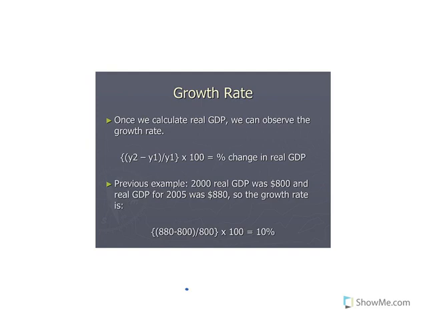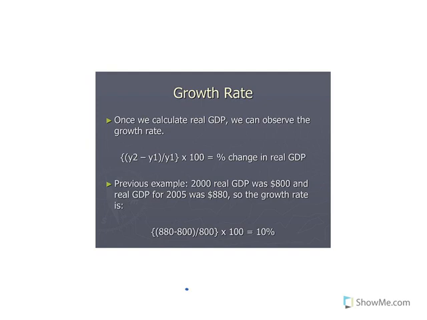So once you've adjusted for inflation and you're looking at GDP in real terms, that allows you to calculate the growth rate between years. In other words, how much did the economy grow? How much did our GDP or economic output increase or decrease? And so in order to calculate the growth rate, you're just going to use a formula to calculate the percent change.